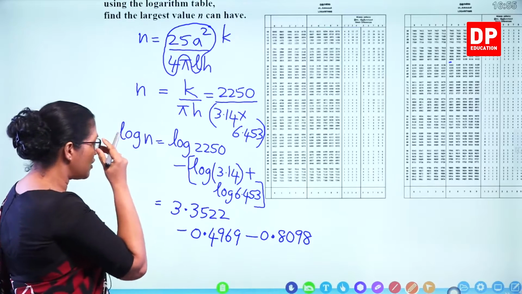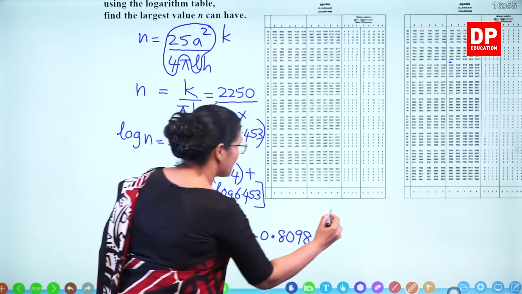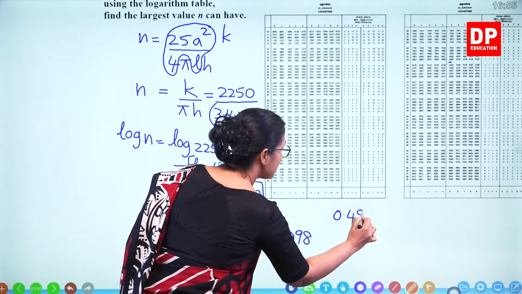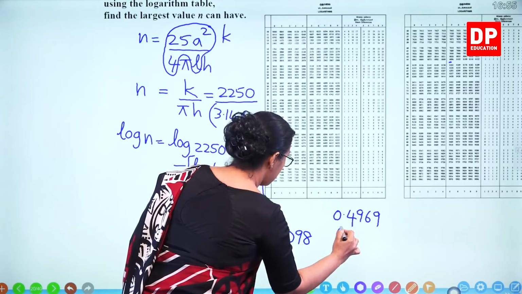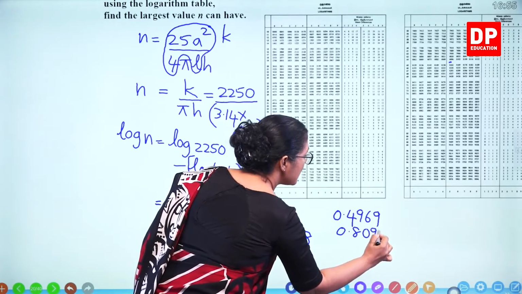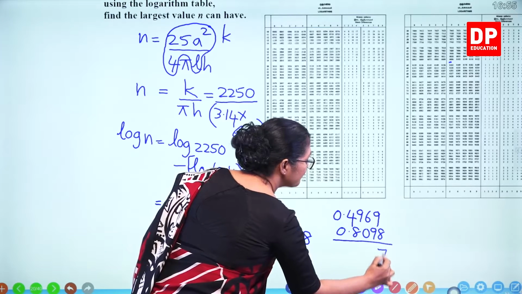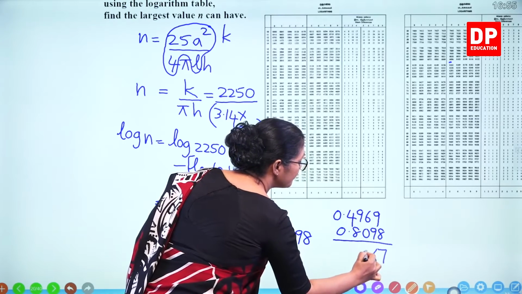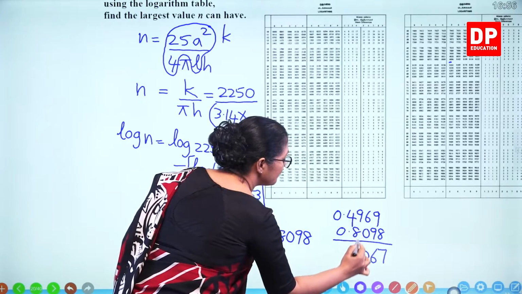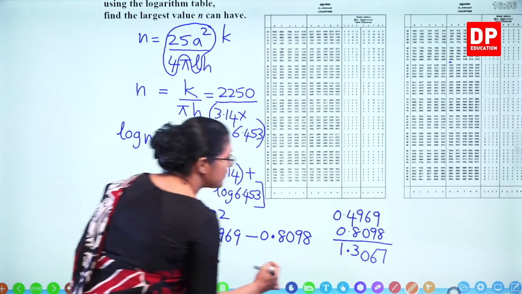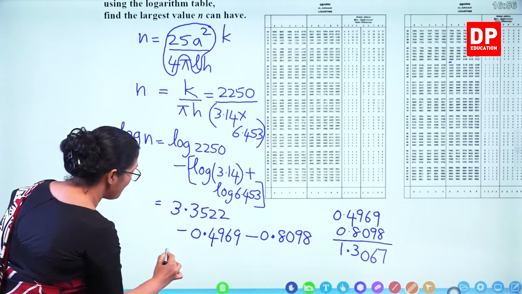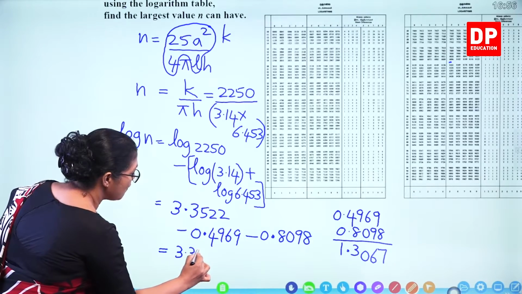Now we'll do the calculations. Add these two: 0.4969 and 0.8098, 1.3067. Now subtract from 3.3522.